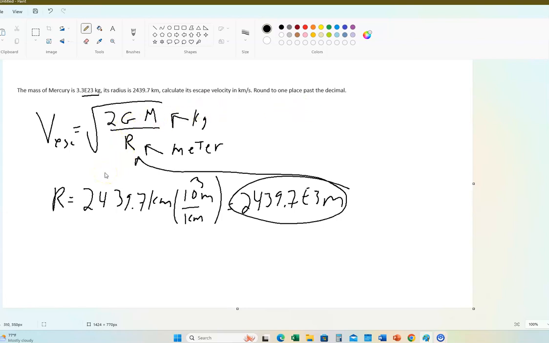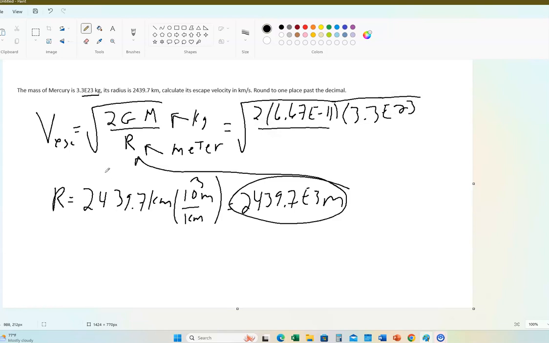It's going to be the square root. I'll put the numbers in: 2 times 6.67 e to the minus 11th, the universal gravitational constant, which never changes, times the mass of Mercury in this case, 3.3 times 10 to the 23rd.